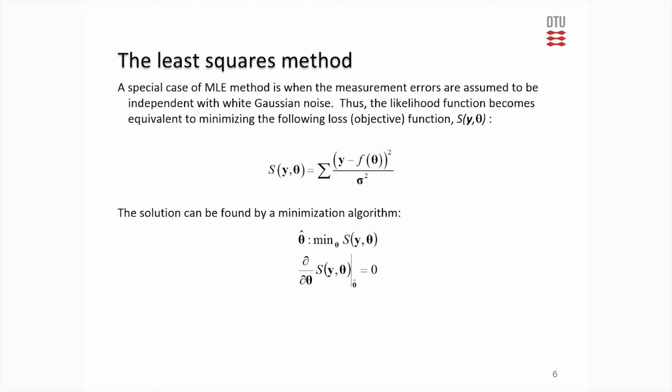In this case, the likelihood function is simply equivalent to minimizing the sum of the square errors or loss function.